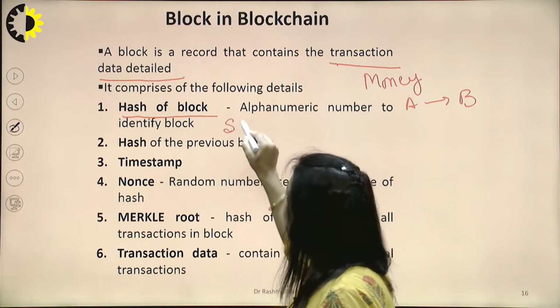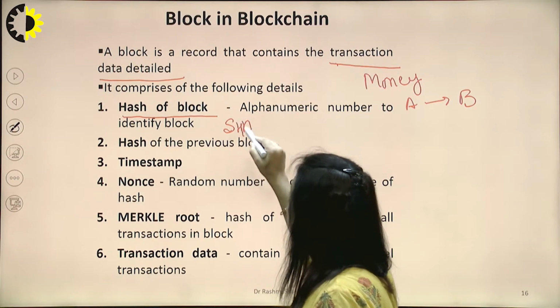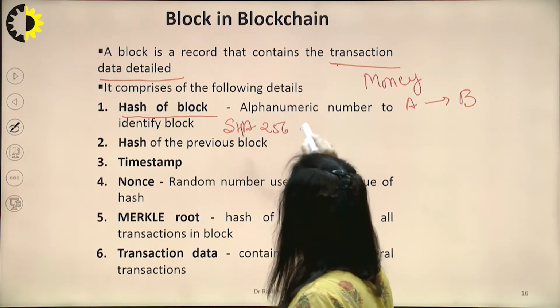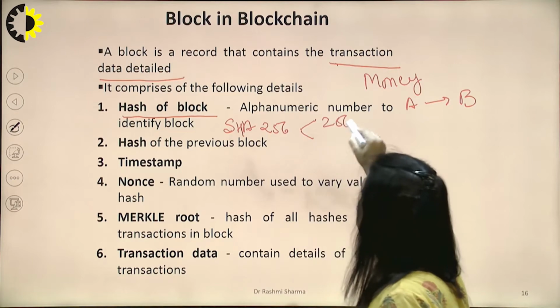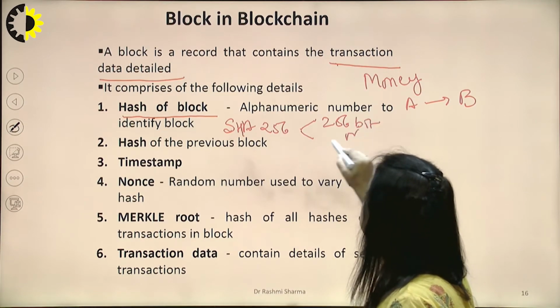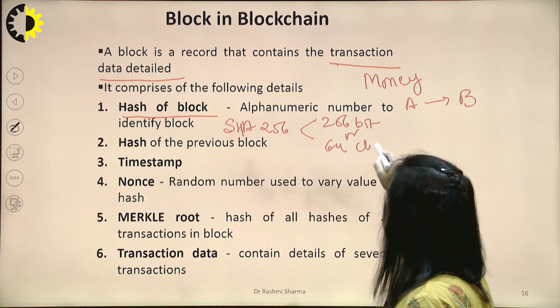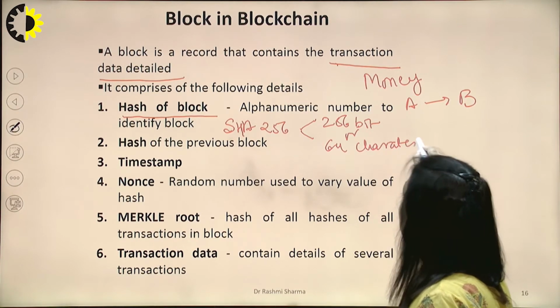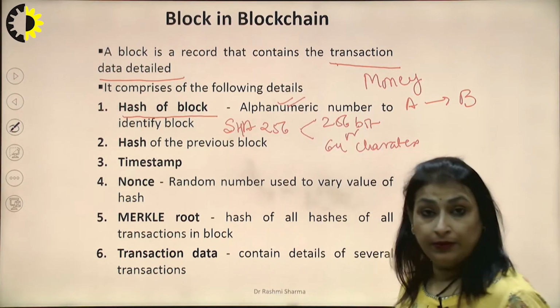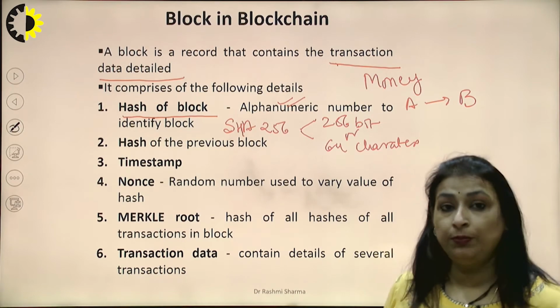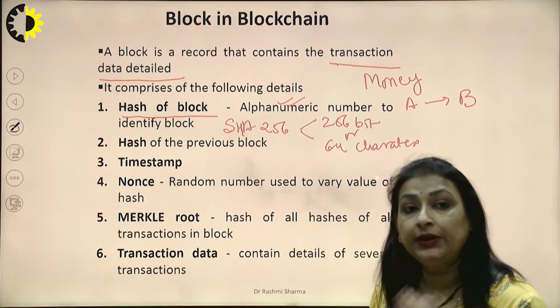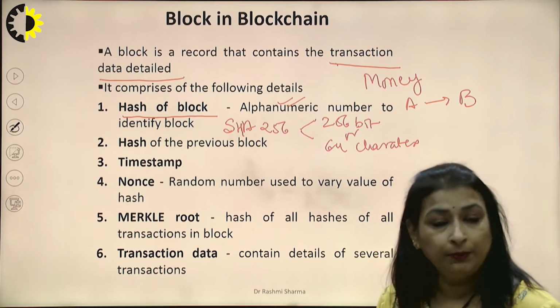If we are using the SHA-256 algorithm, then it generates a 256-bit or 64-character alphanumeric number.